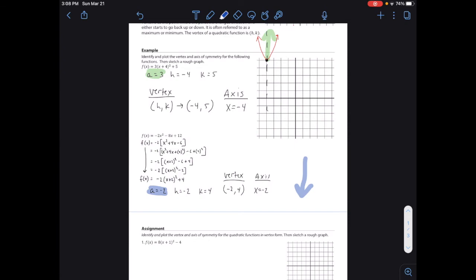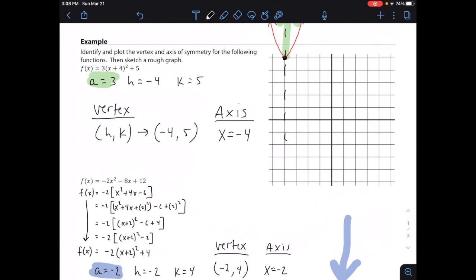All right, so if we just quickly graph this, negative 2, 4 is our vertex. That's a terrible looking point. I need to do that again. Negative 2, 4 is our vertex. It's not a whole lot better. That's better. Axis of symmetry is just negative 2, so I'm going to dash that in like I have here.